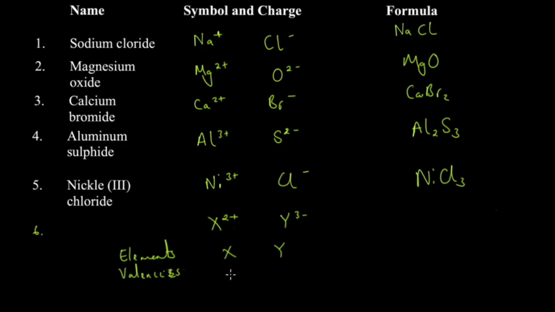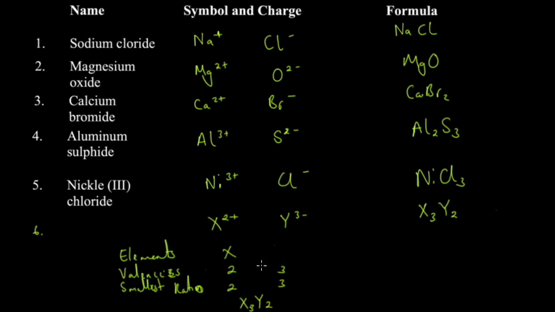Your valencies are 2 and 3, like this. Okay, so smallest ratio. Your smallest ratio is 2 is to 3. Okay, so therefore the compound would be X. Then you write your Y. Then this one you repurpose it here. You are exchanging. Okay, and then this one you repurpose it here. So you'd actually get X like this. This would be your compound.